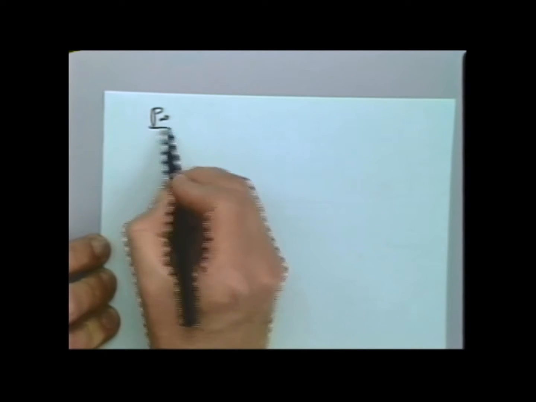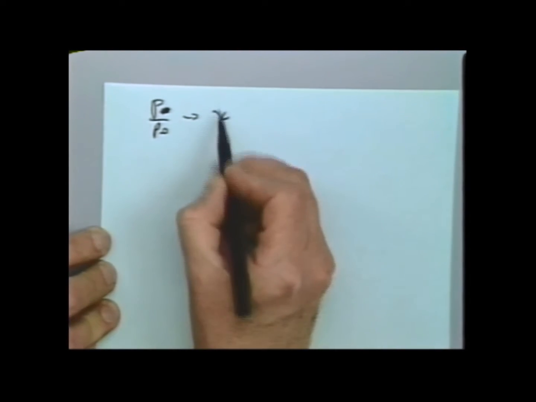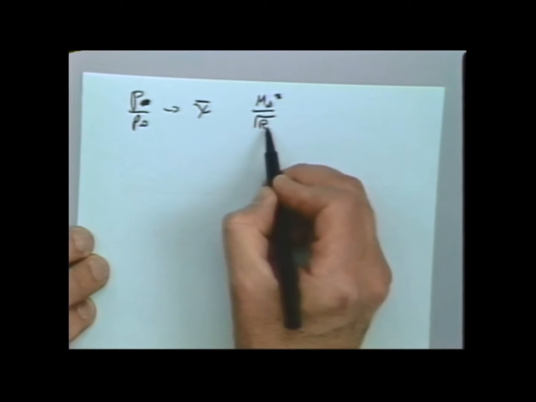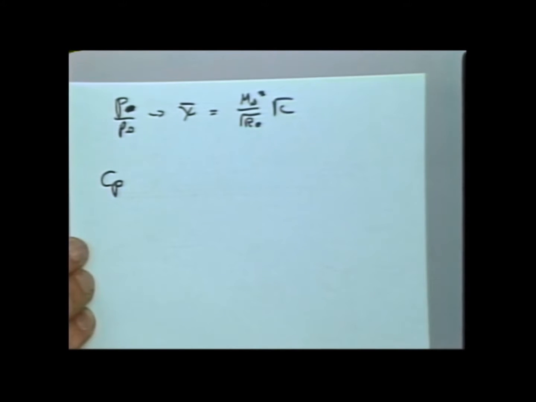I'm going to draw this out on the pad of paper here. We said that P over P infinity was correlated by chi-bar, which is M infinity cubed over the square root of the Reynolds number times the square root of C. Now, what about pressure coefficient? Do you think that's correlated by chi-bar?